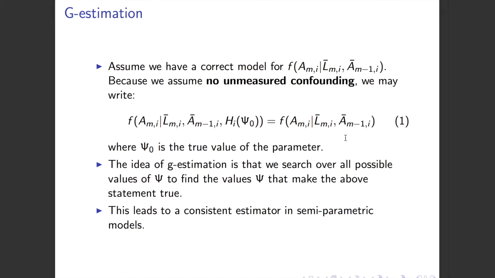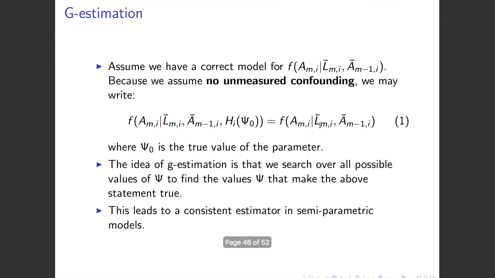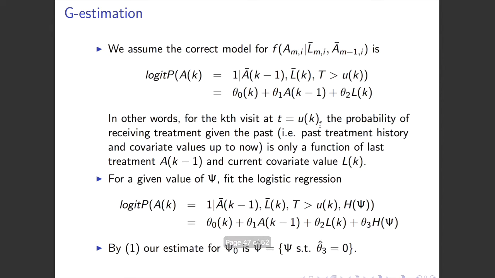It's a little bit weird, but it turns out, I think, it's doubly robust. Because we have to model A, but then we also have to model the T. We're also modeling H(psi). And one of those models can be wrong, and this estimating procedure is still valid.